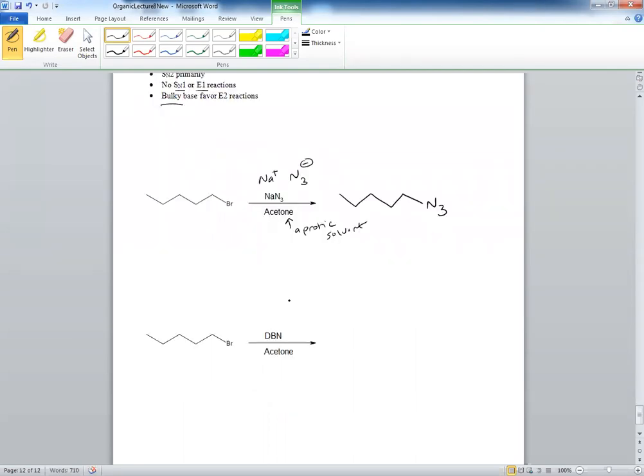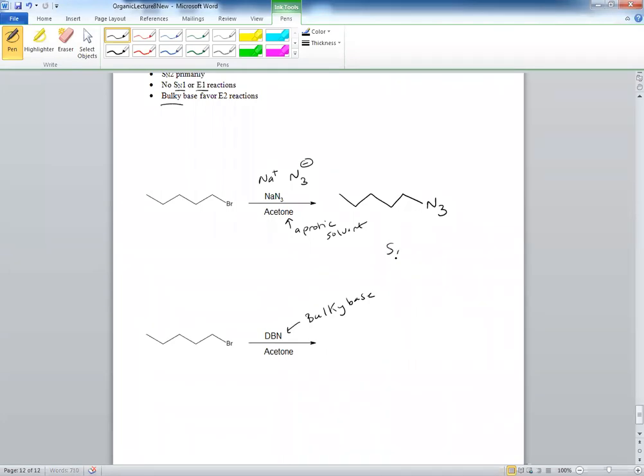Now, of course, remember, DBN is a bulky base. So you cannot do an SN2. You can't just take DBN and stick it there. It's too large to reach that carbon. So for that, you are doing an E2.